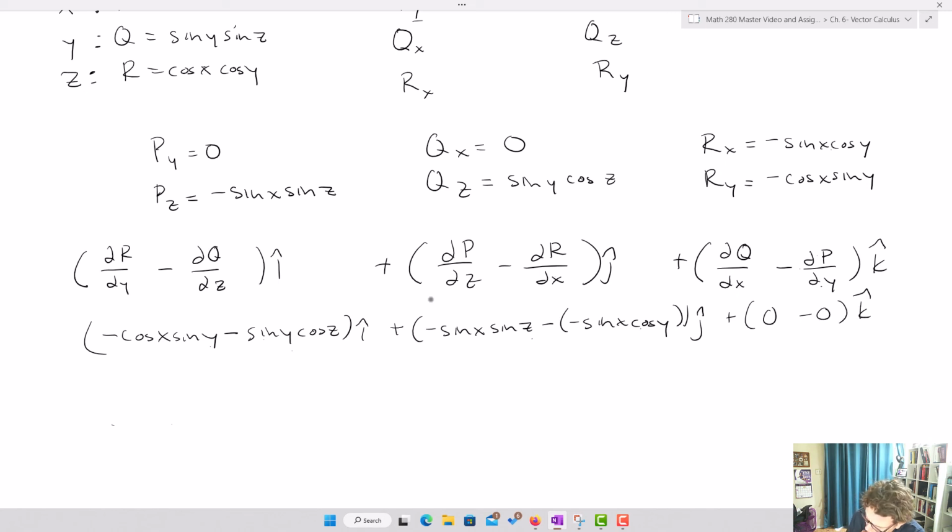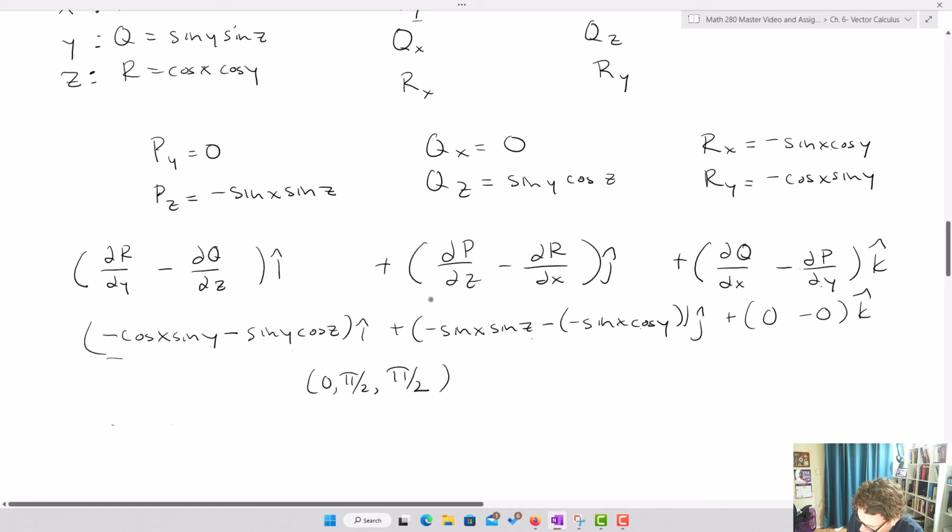Now we're going to evaluate that at 0, pi over 2, pi over 2. First term, cosine of 0 is 1, so this is negative 1 times sine of pi over 2, which is 1, times 1. Minus sine of pi over 2, which is 1, times cosine of pi over 2 times 0. And that's our ith term.